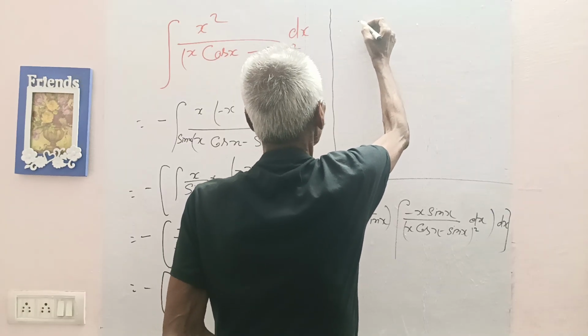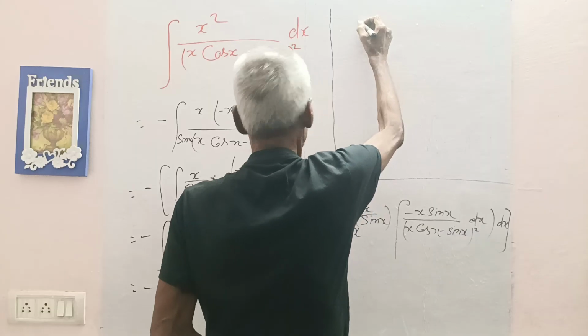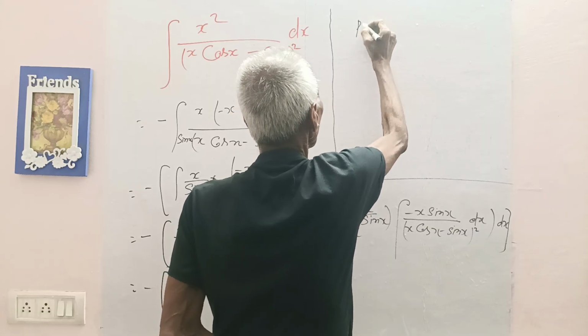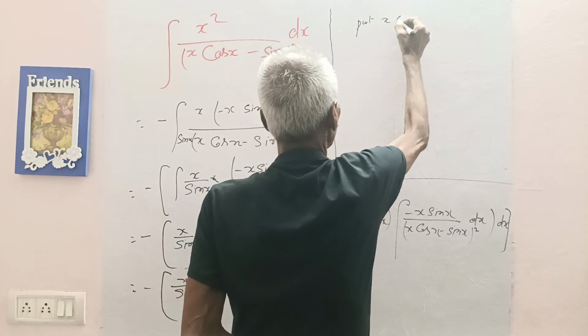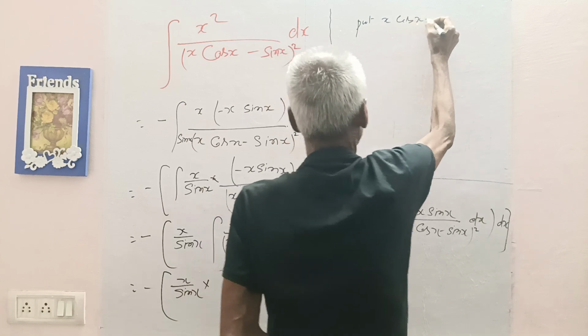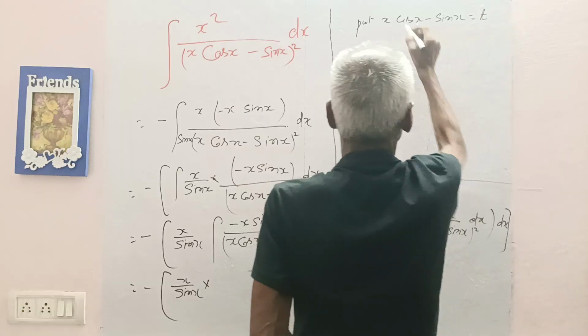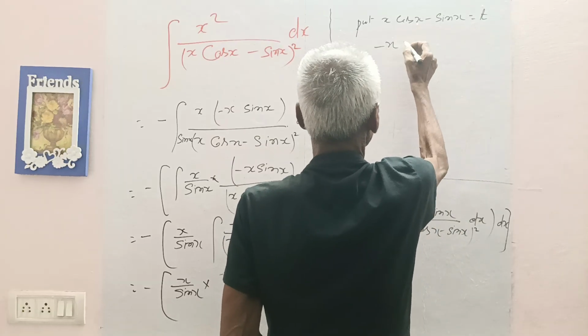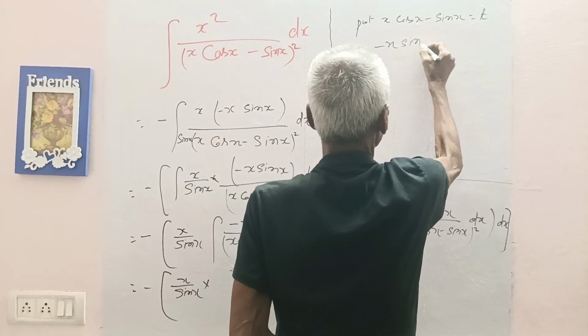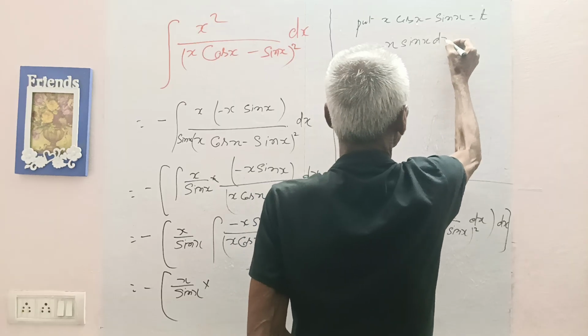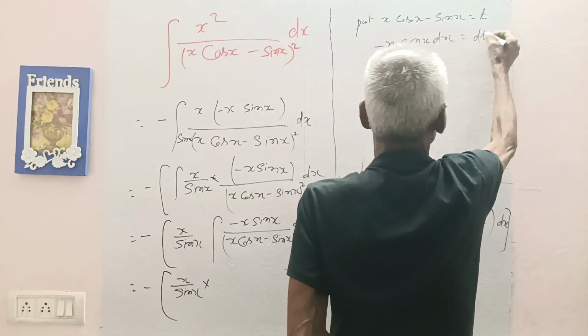This is rough work, put x cos x minus sin x is equal to t, then it will be minus x sin x dx is equal to dt.